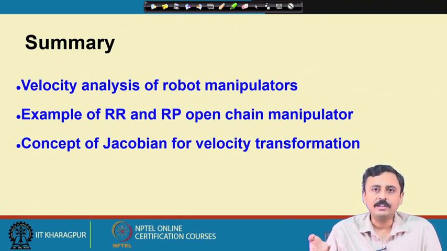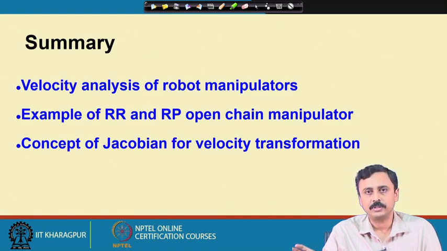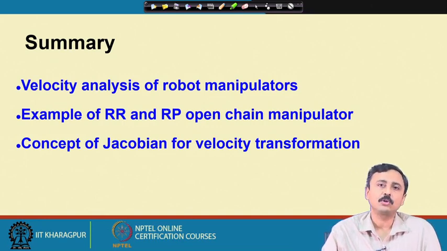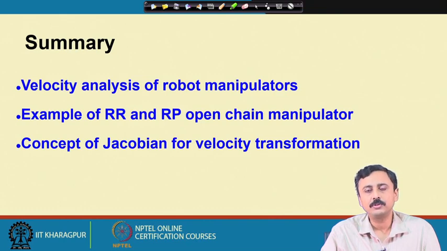The inversion of the Jacobian is key to determining the joint rates in terms of the end effector rates. The consequences of a non-invertible Jacobian, or under what conditions the Jacobian becomes non-invertible, we are going to discuss in a future lecture. So, with that I will close this lecture.